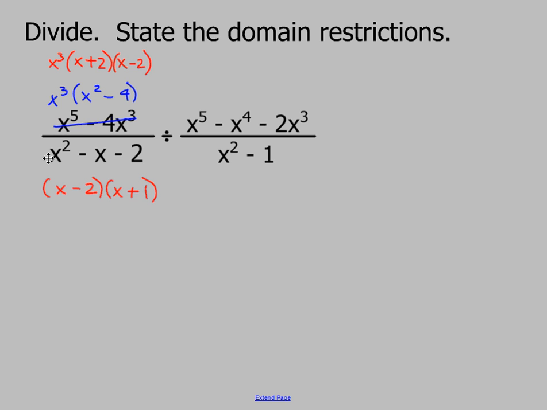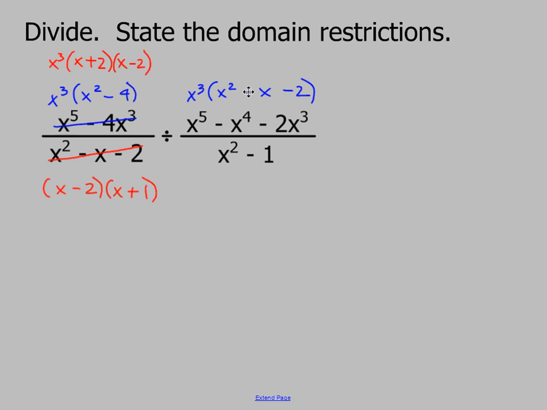You're probably starting to figure out, if you're not very good at factoring, this chapter is probably going to be very difficult for you, and you're going to want to come in and get some help on that. For this one, I can factor out my x to the third first. That's going to leave me with x squared, oh, I should be doing this in blue because I'll factor again. So I'm factoring out my x to the third. That leaves me with x squared minus x minus 2.